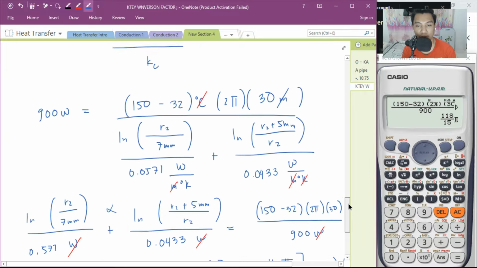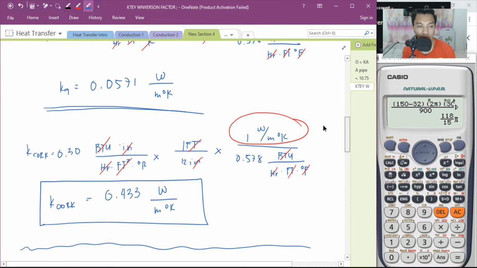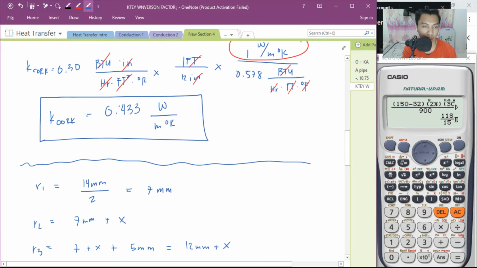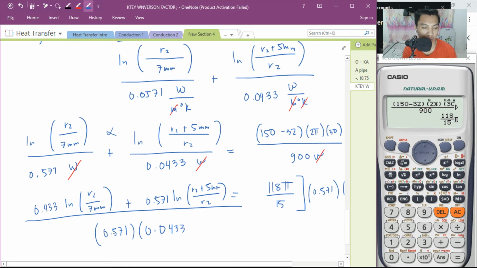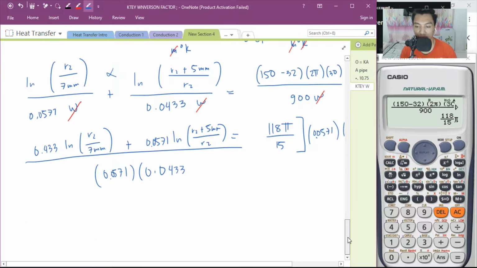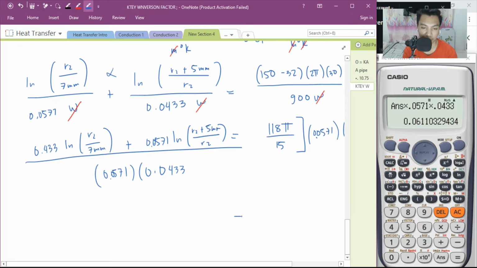Tingin ko hindi 0.571 to, 0.0571. Yun. Tapos ito 0.433. Nakakulangan ako ng 0. Multiply ko na to ng 0.0571 times 0.0433. That is the value ng dulo.